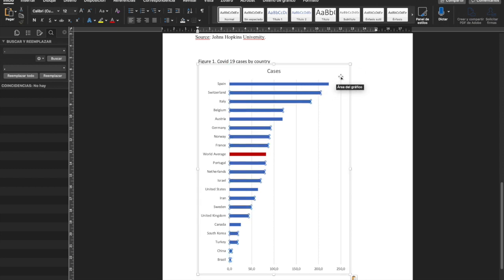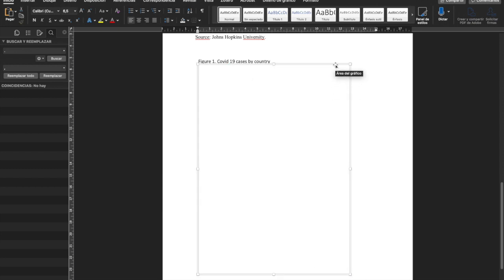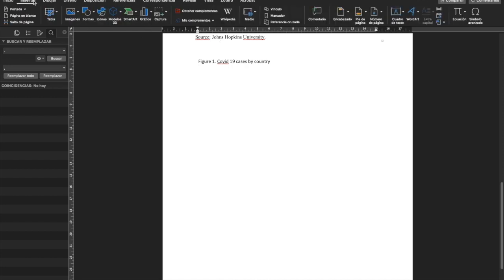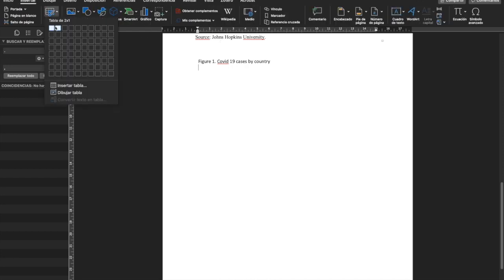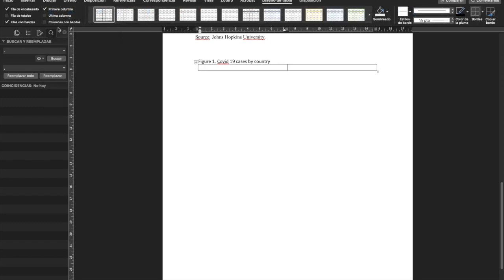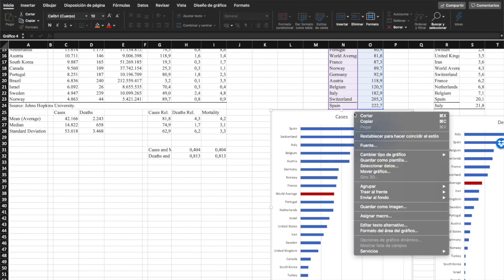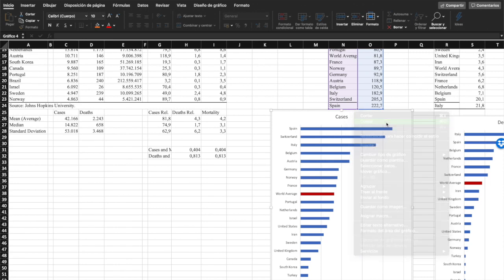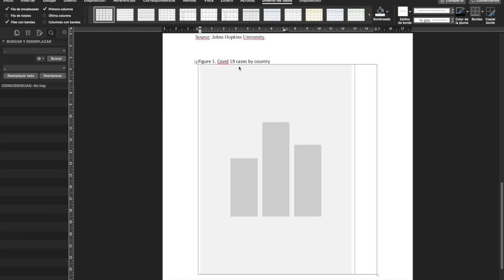I would do something different. I would just delete this, create a table, insert table, a table like this, and then I would copy this and paste here.